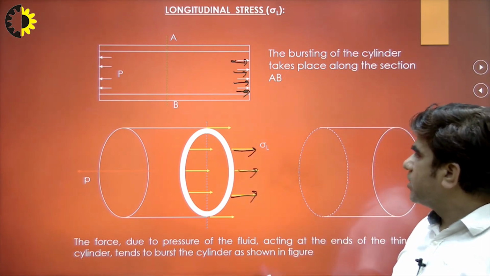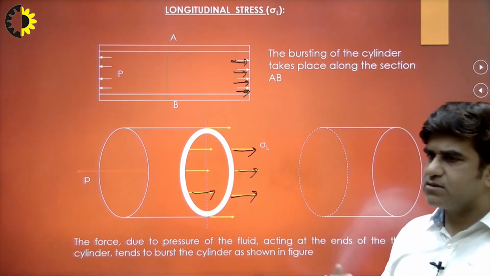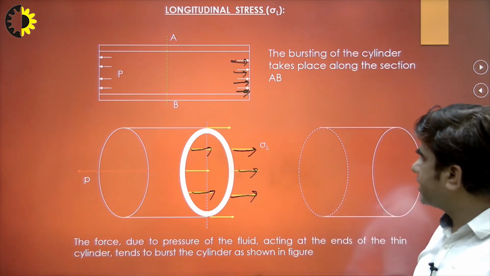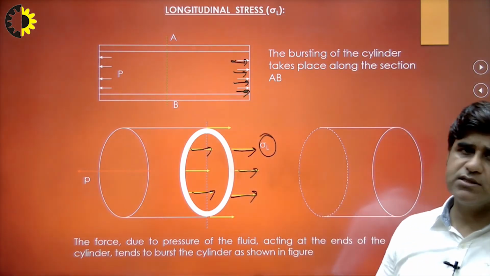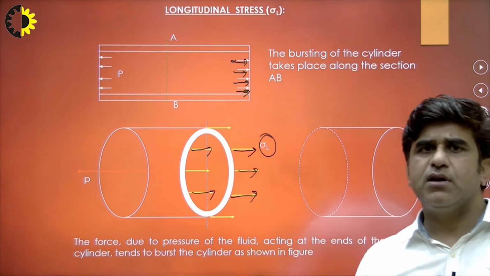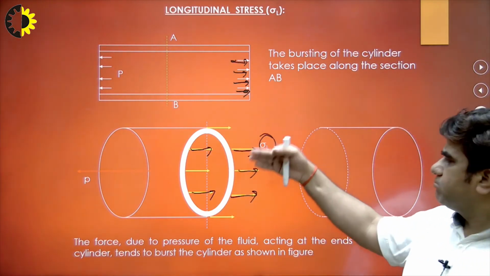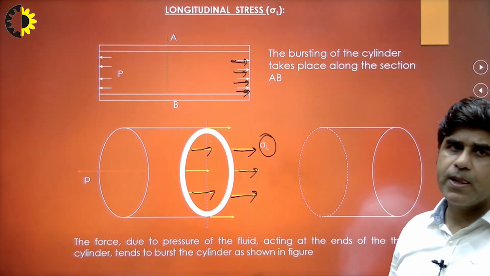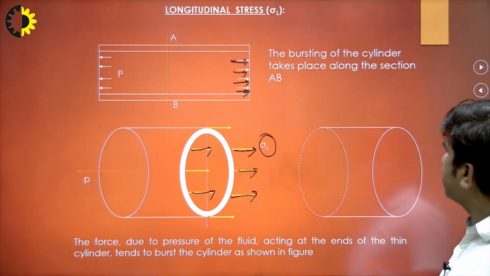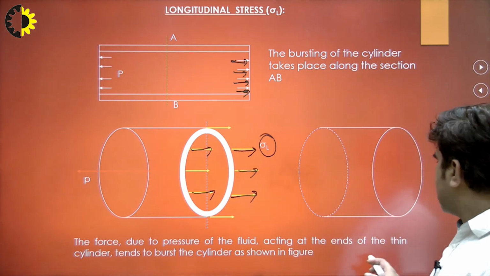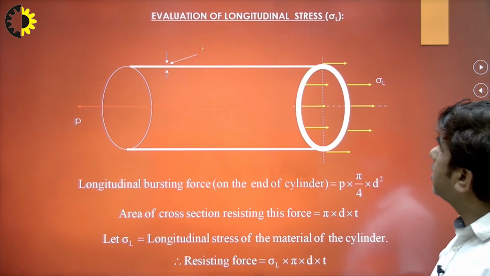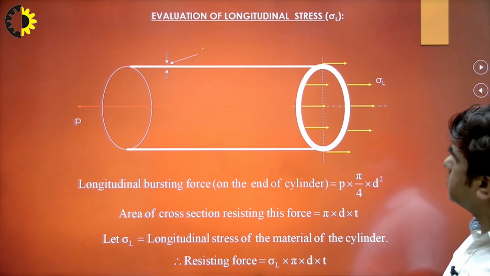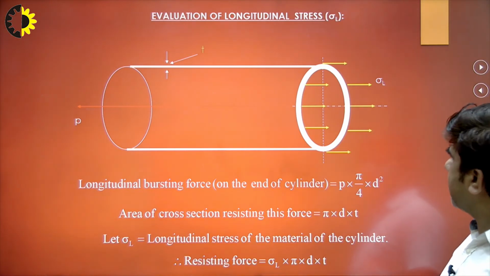It means the stress offered by the material in the longitudinal direction is sigma L. Sigma L is the resisting force in the longitudinal direction offered by the circular end of the cylinder. Now how is this longitudinal stress sigma L calculated?